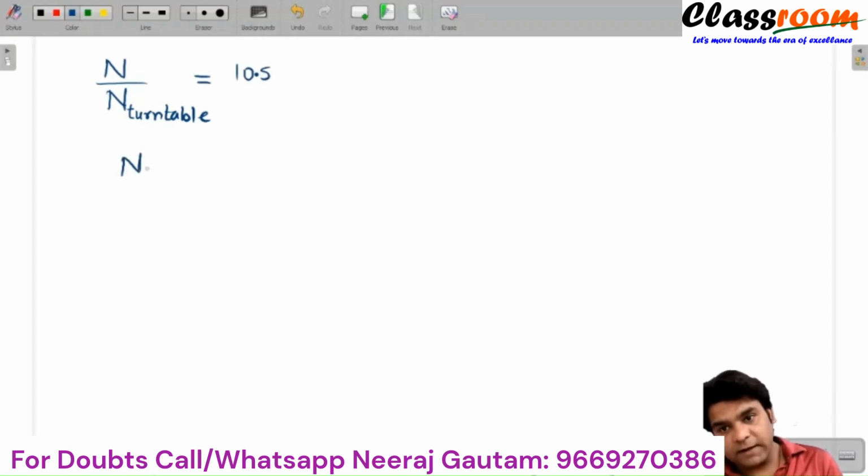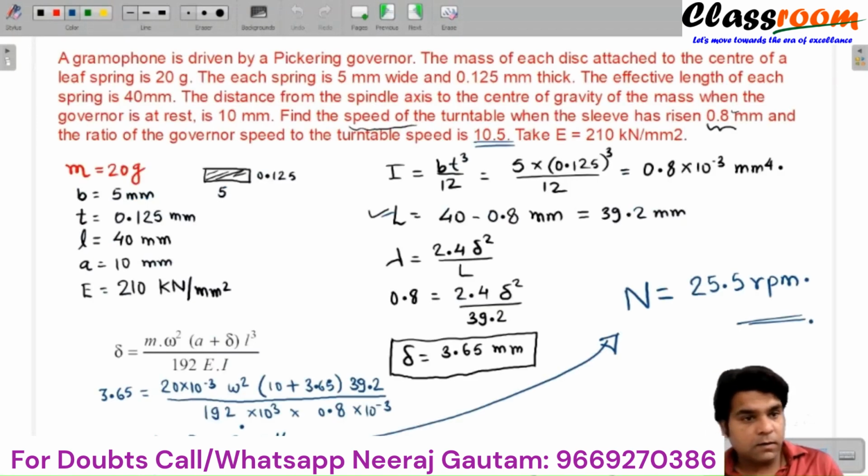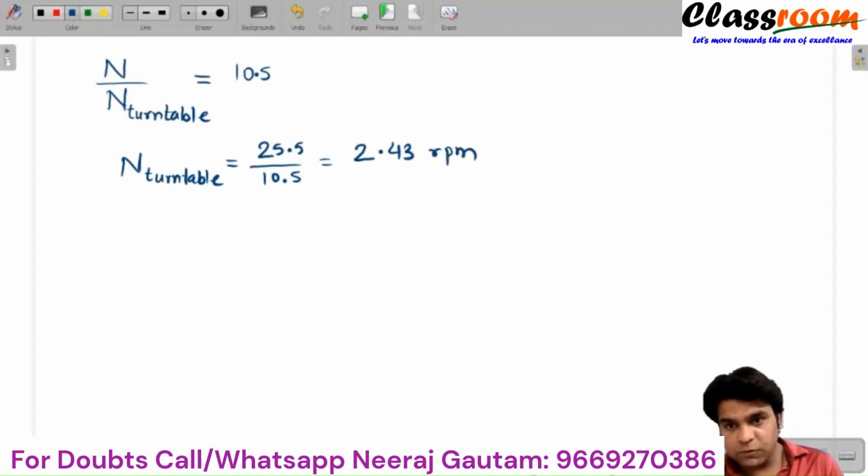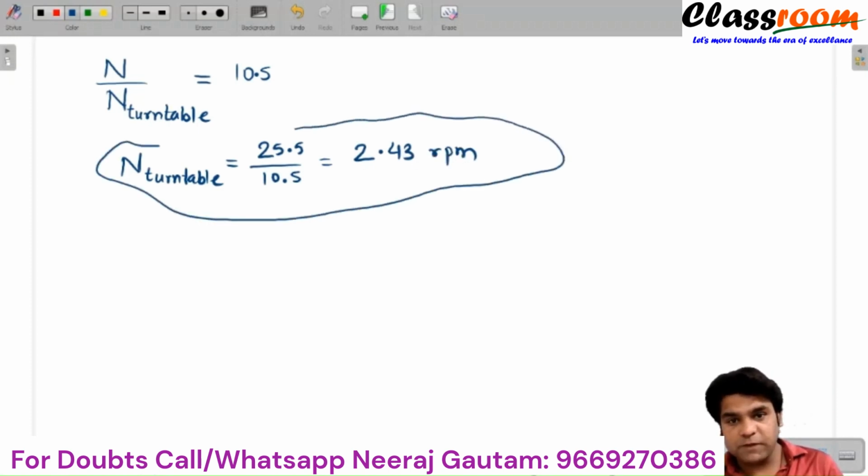So we can find the speed of turntable equals 25.5 divided by 10.5, which equals 2.43 RPM. So in this manner, we can solve the problems based on the Pickering governor.